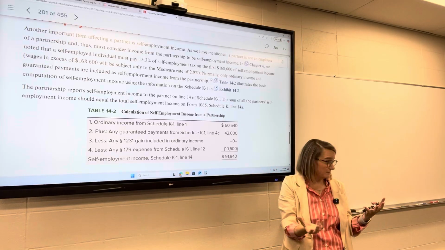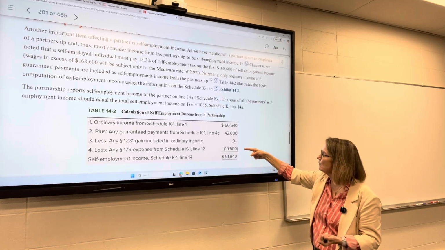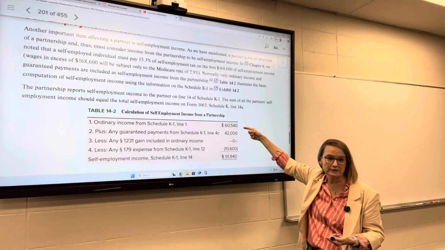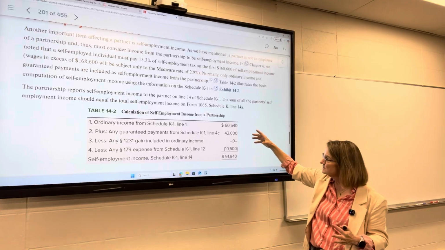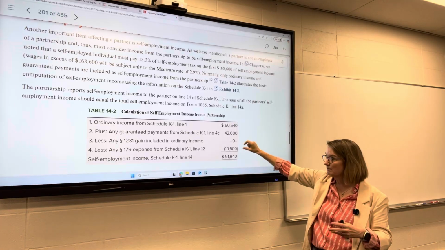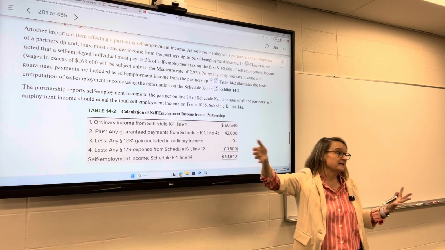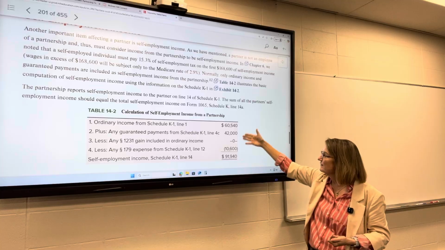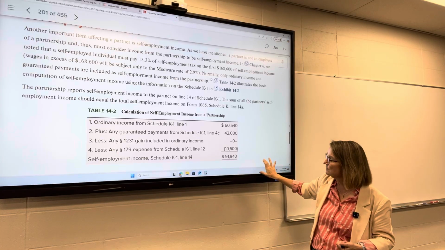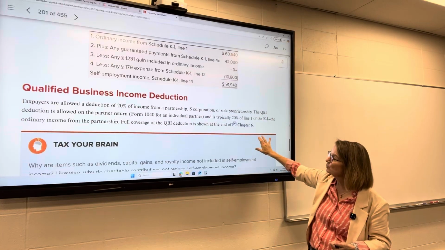Otherwise, if that wasn't the case, then that would be included up here under ordinary income, but it's not, because, like I said, some partners may get it, some partners may not get it, but that will affect the self-employment income portion as well.